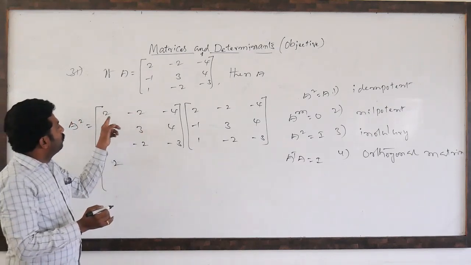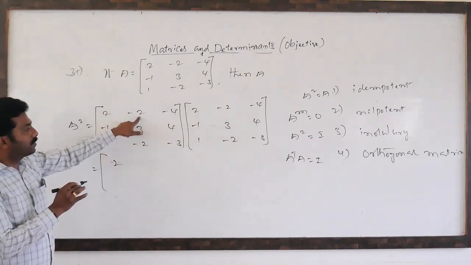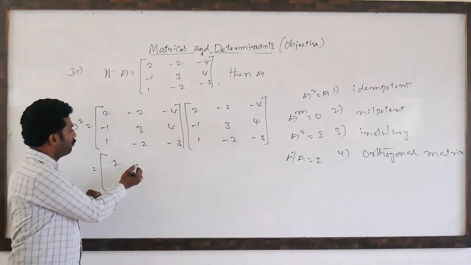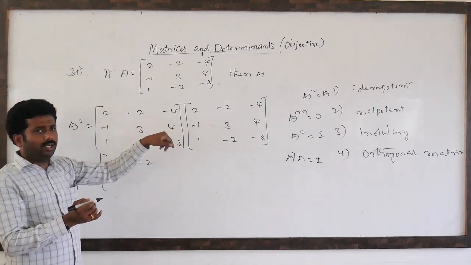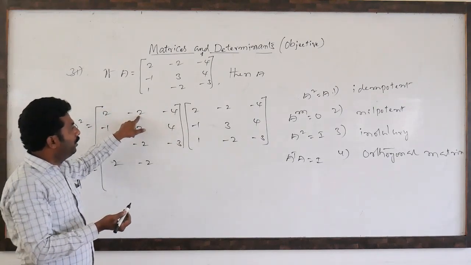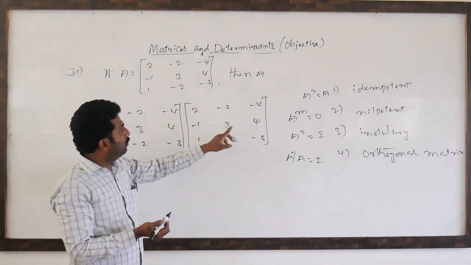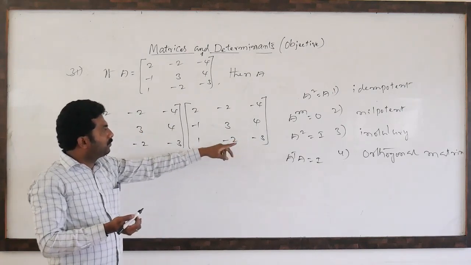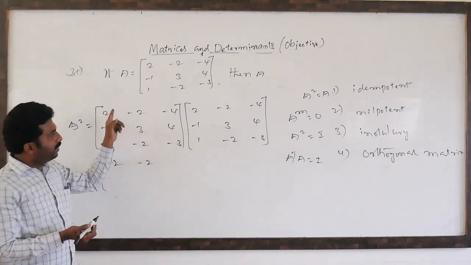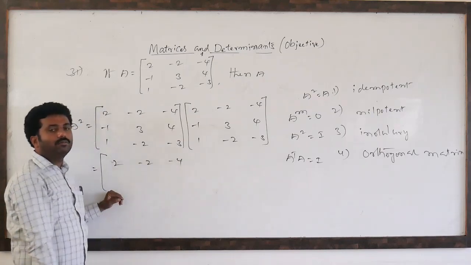Next, first row second column: minus 4 minus 6 minus 10, plus 12, means minus 2. Second row third column: minus 8 minus 8 minus 8 means minus 16, plus 12, means minus 4.